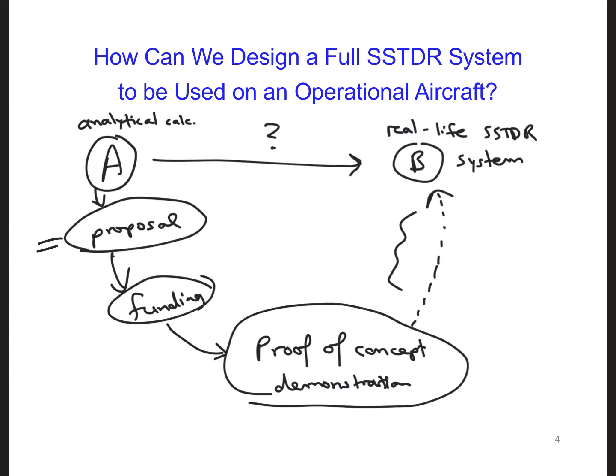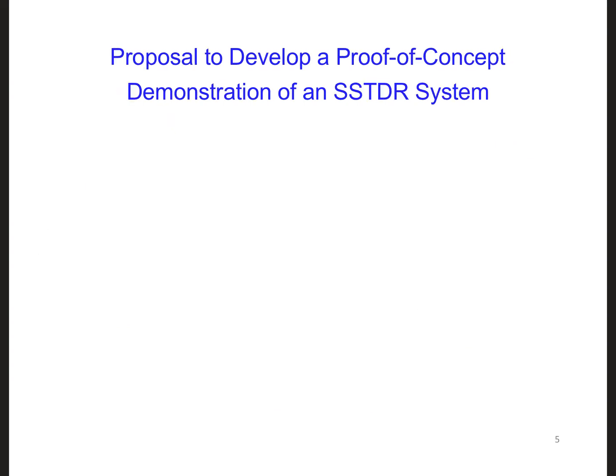Let's first talk about this proposal. A proposal to work towards a proof of concept demonstration would need to include details of our idea, and we'd need to certainly motivate why this would be important. So we'd have to have some motivation.